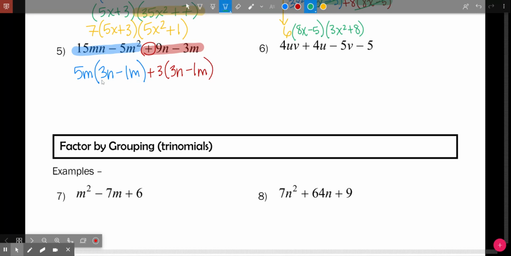So we have a new greatest common factor, 3n minus m. So 3n minus m moves to the front. And when I divide each term by 3n minus m, my second set of parentheses is what's left over.